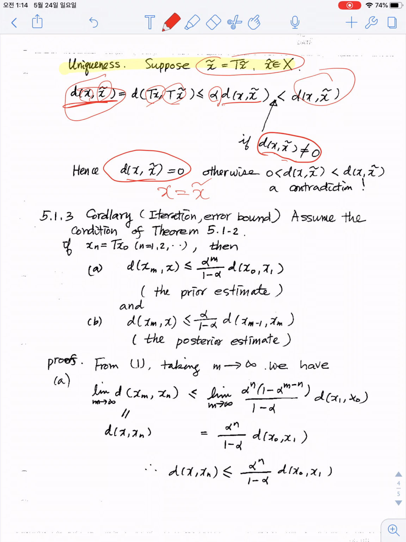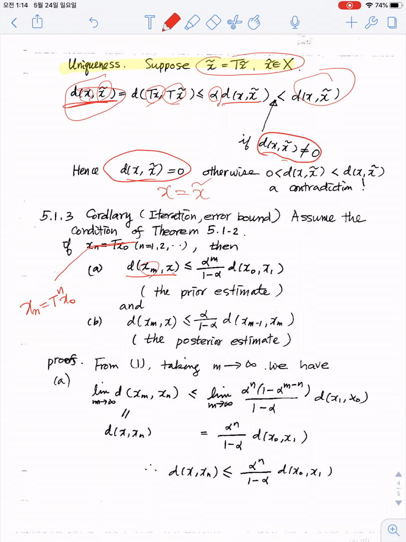Okay, so x equals the limit of xn, with xn equals T^n x0. Then you estimate the distance between x and xn.